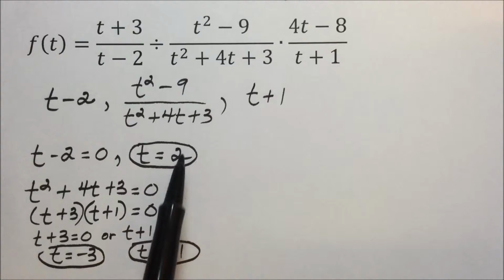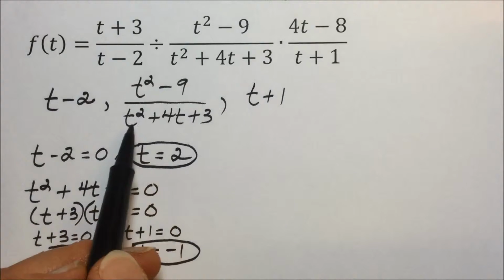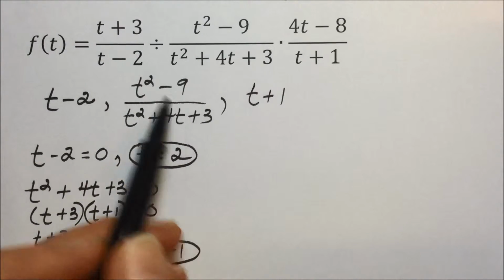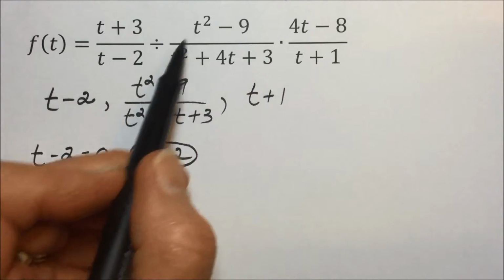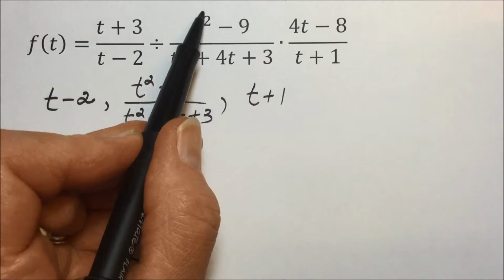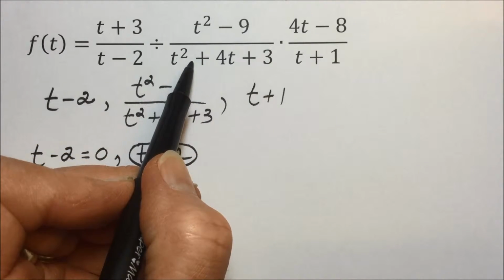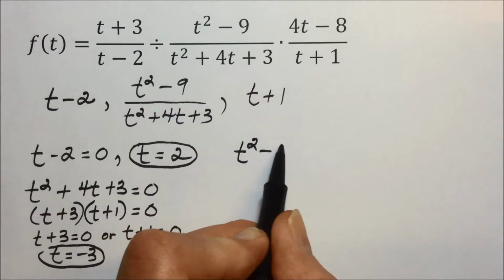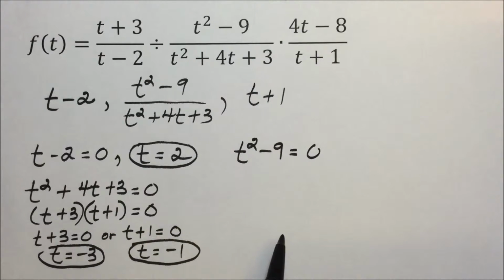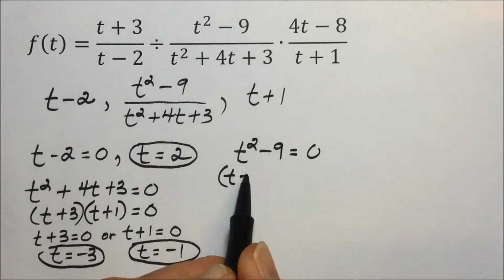Also, currently as it stands, we've taken care of the denominator, but because it's a division by this rational expression, we also will end up having this numerator come to the denominator as a divisor. So we will not want t squared minus 9 to equal 0. Factoring, this is a difference of squares.